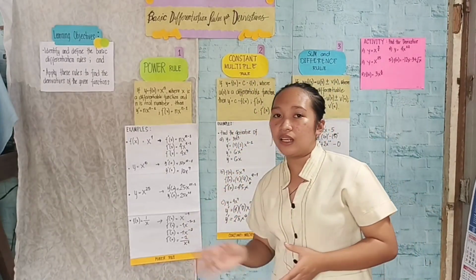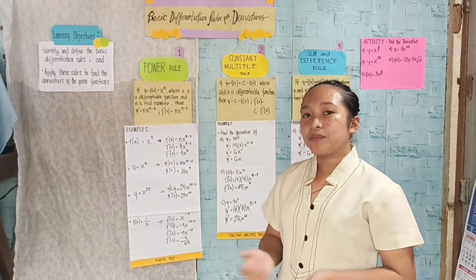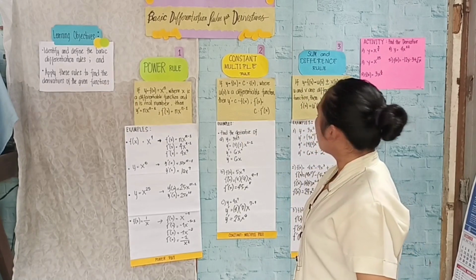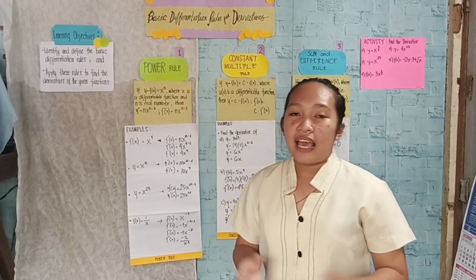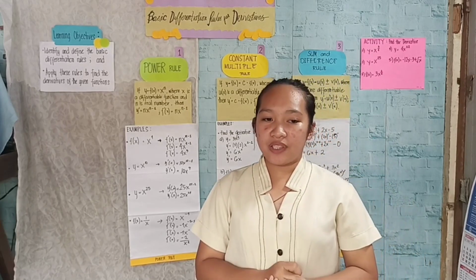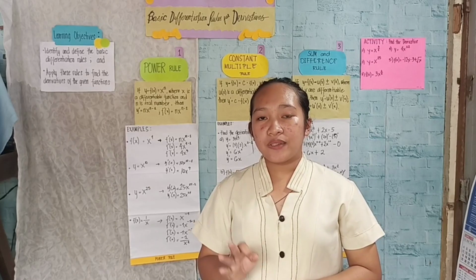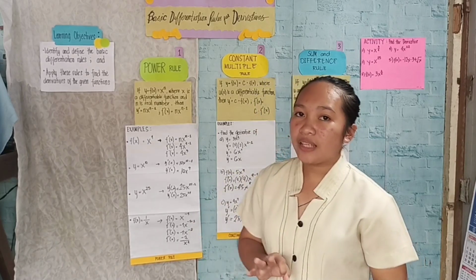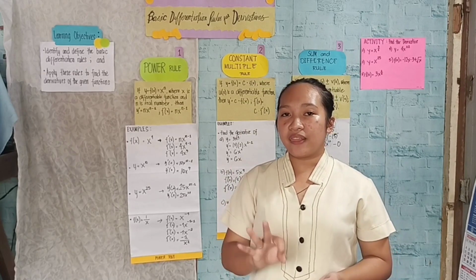We still have a lot of rules that we will discuss as we go on with our lessons. So I want you to do some research about it, study, and give at least 3 examples each. Don't forget that it will be passed next week, Monday. Write it on a yellow paper and give at least 3 examples.